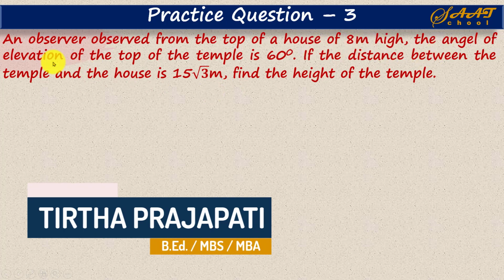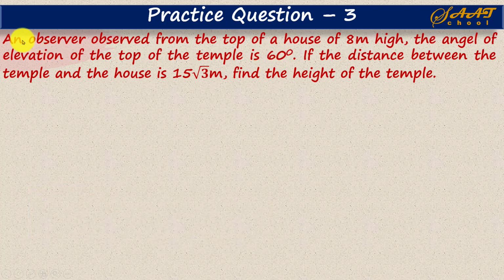The angle of elevation of the top of the temple is 60 degrees, meaning the observer is on top of the house and finds the angle of elevation of the top of the temple is 60 degrees, meaning the house is smaller than the temple. Now the distance between the temple and house is 15 square root of 3 meters. We have to find the height of the temple.